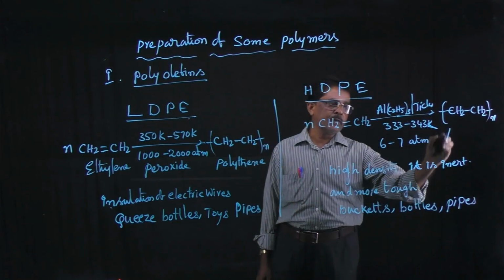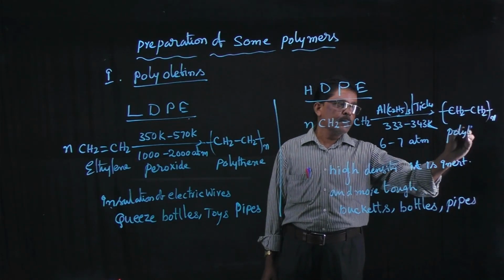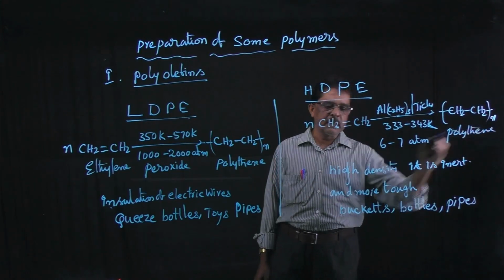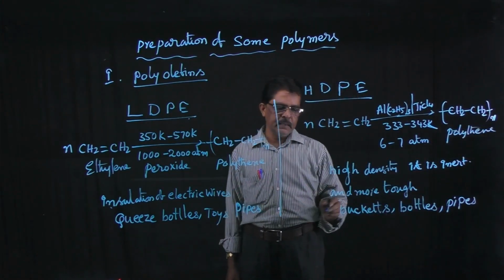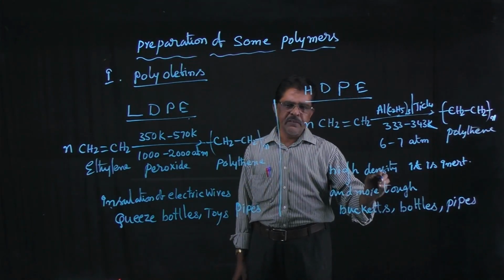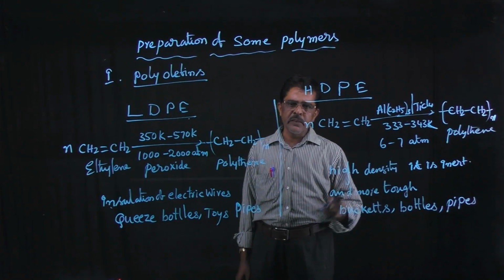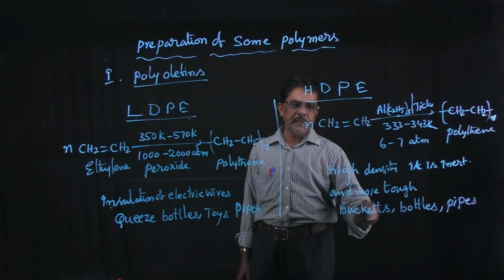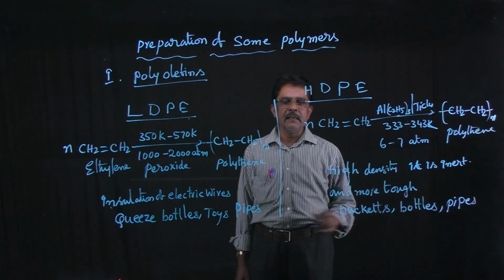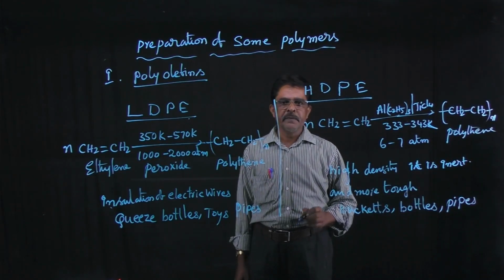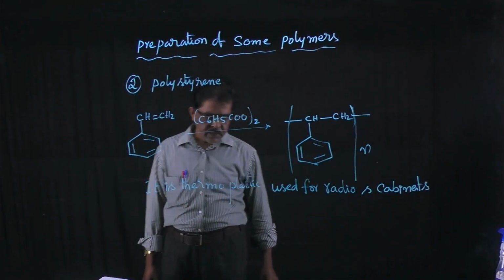Then we will get polythene. This polythene is the high density and more tough and inert, so that it is used for buckets, bottles and pipes, right? Understand.